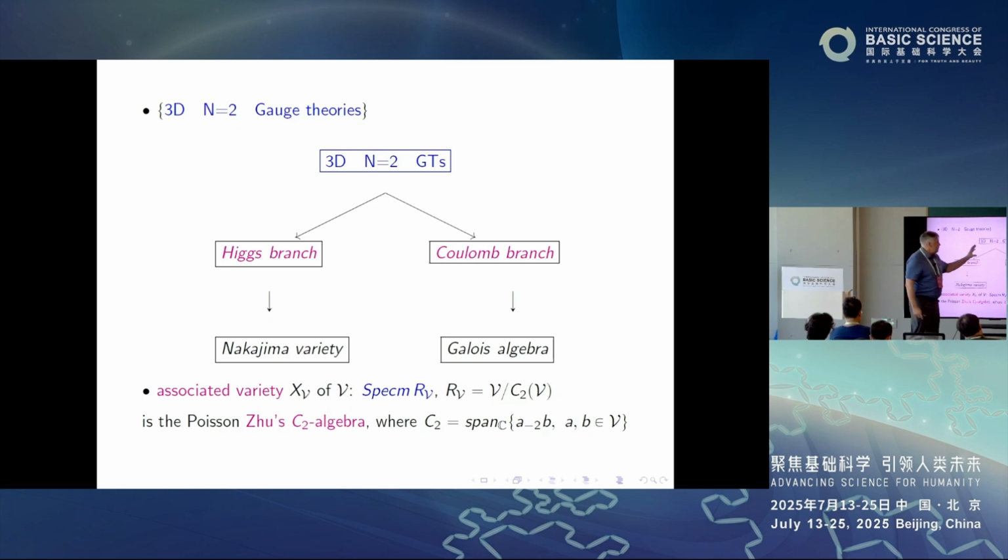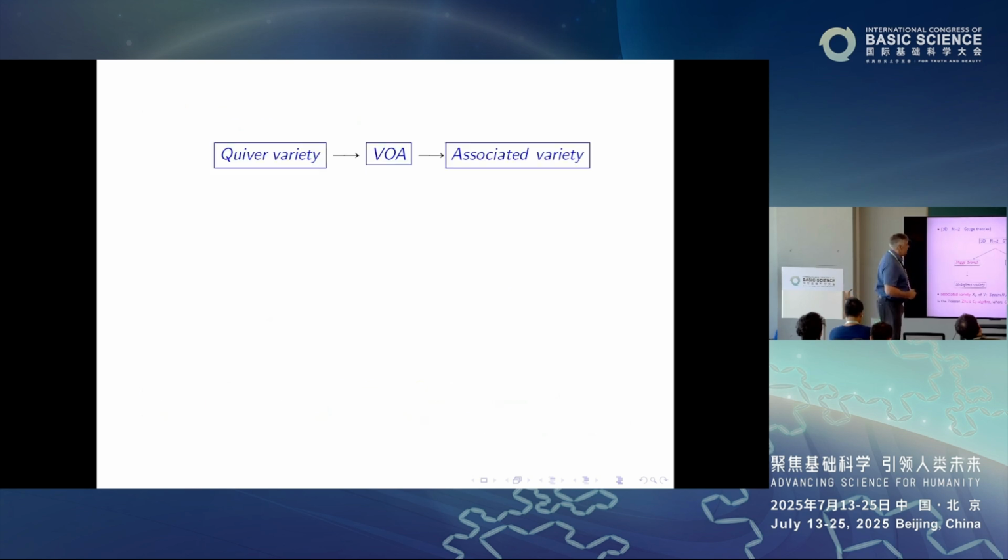This means that if the Coulomb branch has an associative algebra structure of this kind, the whole representation theory technique can be applied, and we can get a lot of information about it. Okay, so that's what I wanted to mention here.